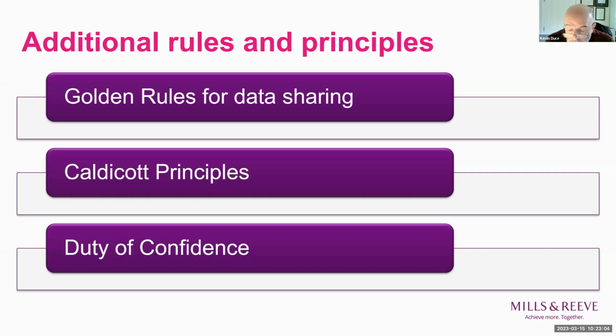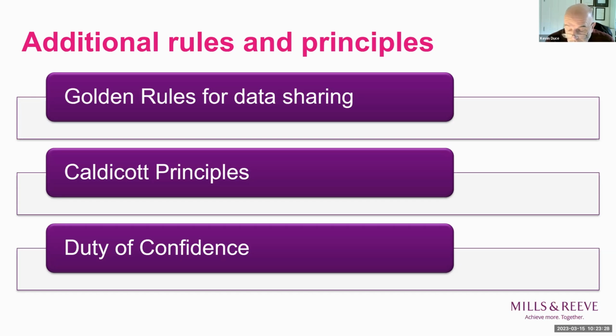The golden rules are that you should, 1, remember that the UK General Data Protection Regulation, the Data Protection Act 2018, and the human rights laws provide a framework to ensure that personal information about living individuals is shared appropriately.